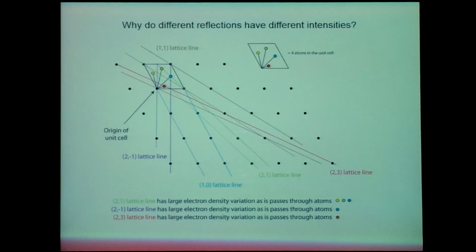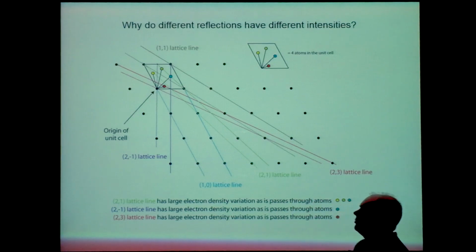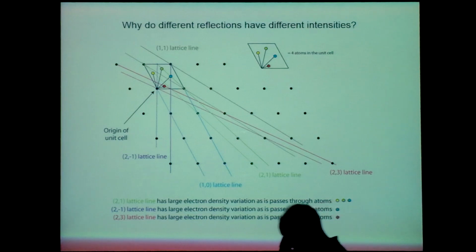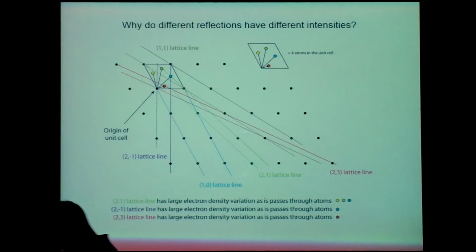As a general rule, though, the higher the order of the indices, the lower the intensity is going to be, just because you're cutting at finer and finer distances, and that would inherently have fewer atoms. You also have the amplitude being less.